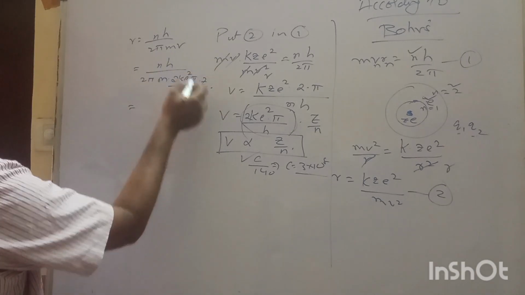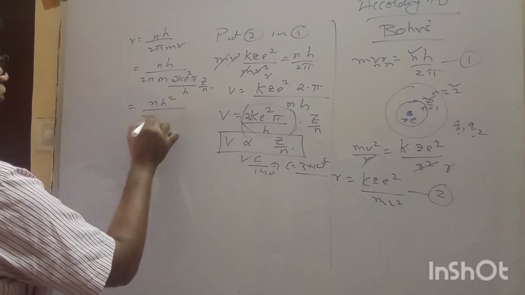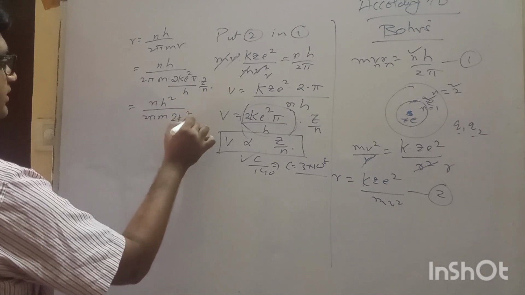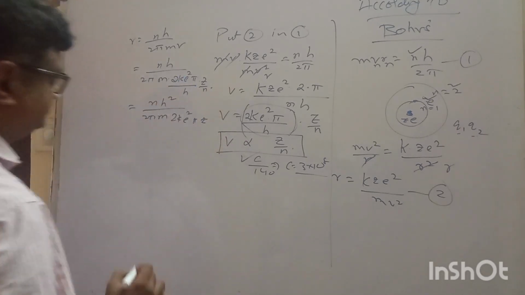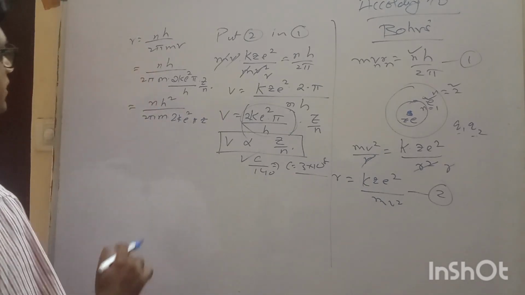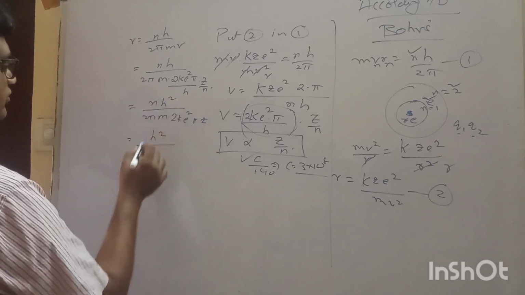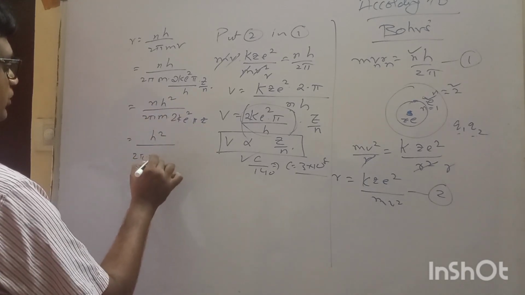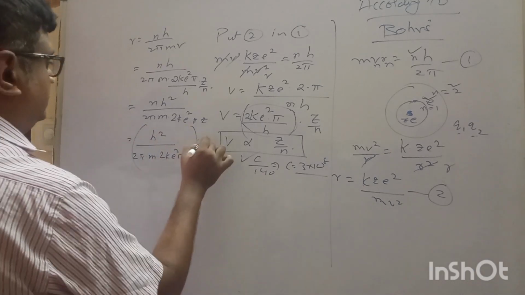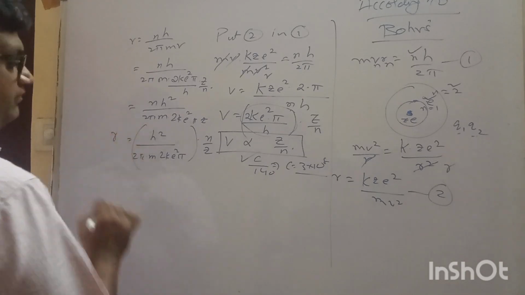So take h to the numerator, this becomes n h square by 2 pi m, another 2k e square pi Z. You can see that everything else is constant. We can bring out the constant terms, h square by 2 pi m into 2k e square pi, multiplied by n by Z. Okay, so this is the r value.